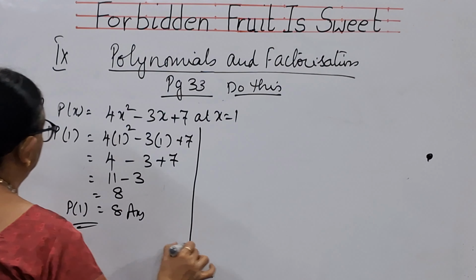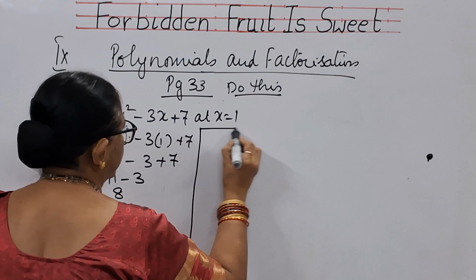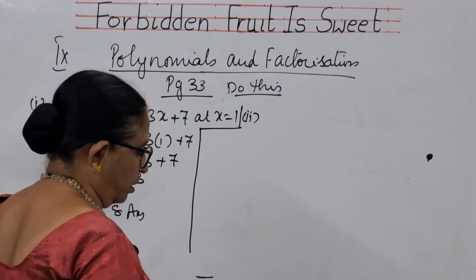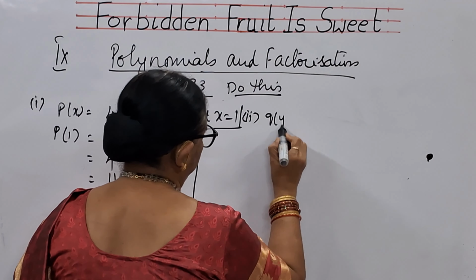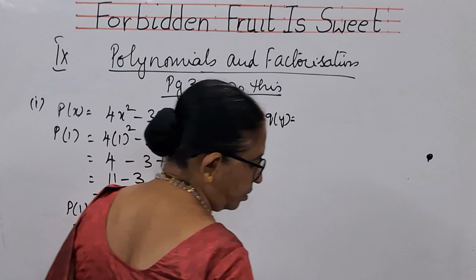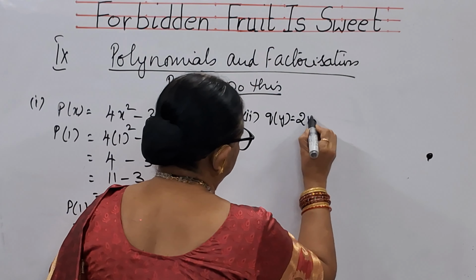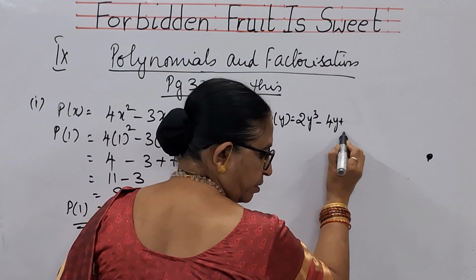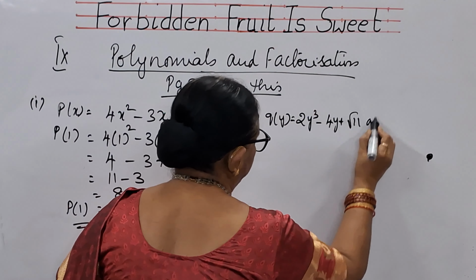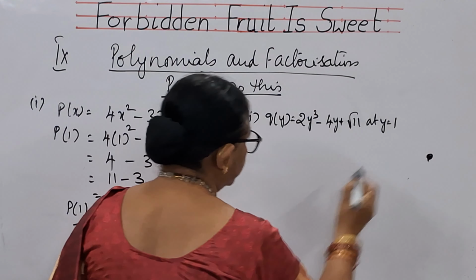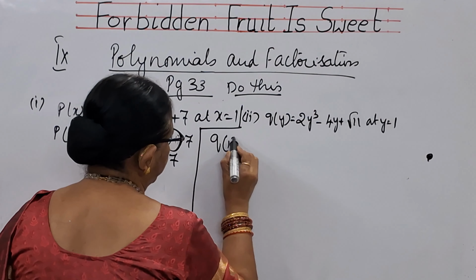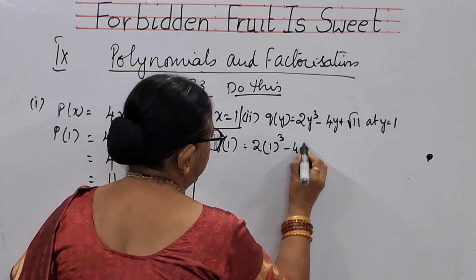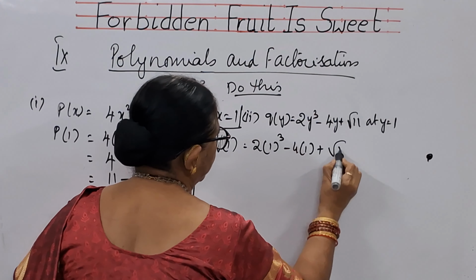Now let us go to the second bit. What is the second bit? Q of y is equal to 2y cube minus 4y plus root 11 at y is equal to 1. That means I have to go for q of 1. 2 into 1 cube minus 4 into 1 plus root 11.